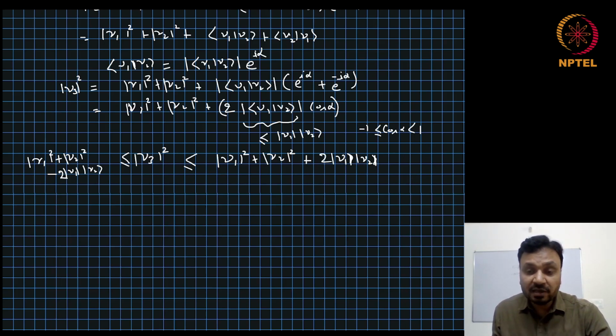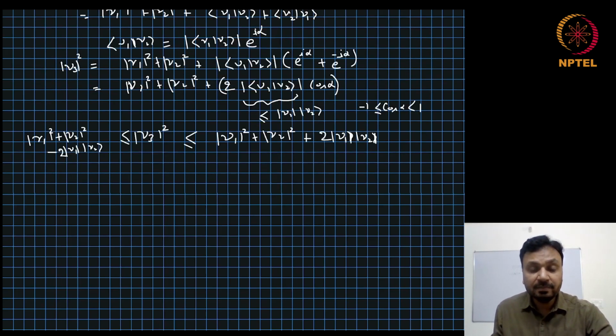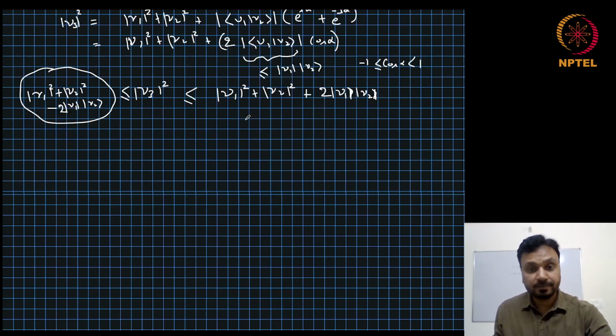And if cos alpha is negative and the maximum negative is -1, then we replace v1 v2 with minus v1 times v2, then we get the lower bound on v3. So we get v3 between this quantity, which is v1 mod square plus v2 mod square minus 2 v1 mod v2 mod, and v1 mod square plus v2 mod square plus 2 v1 v2.